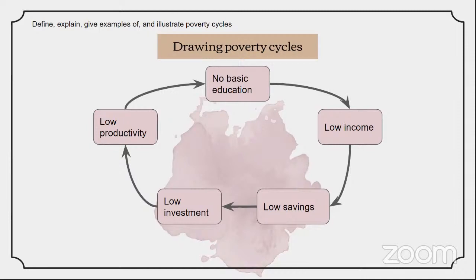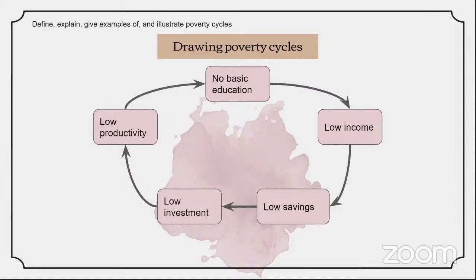It depends on the barrier to development that you want to focus on. For example, this one is no basic education, but maybe the situation you get follows low income. To draw a poverty cycle, you have to come up with a flow chart to show that when poverty occurs because of low income, it causes a cascade of reactions that will eventually lead back to low income.